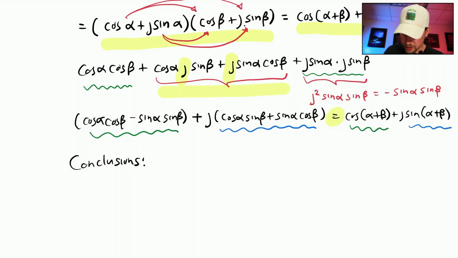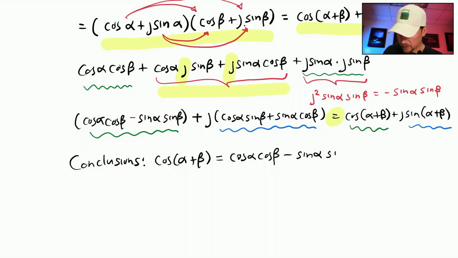The first conclusion is that cosine alpha plus beta is equal to cosine alpha cosine beta minus sine alpha sine beta. And the second conclusion is that sine alpha plus beta has to equal cosine alpha sine beta plus sine alpha cosine beta.